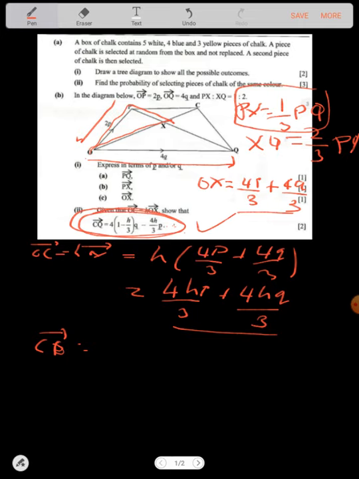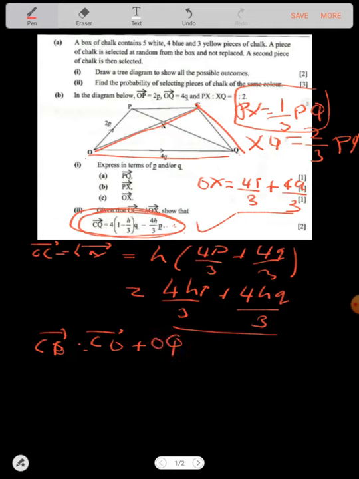So CQ, how can we find CQ in this case? Remember where CQ is? CQ is here. How can we move from C and reach Q? We can move CO, then OQ. So CO plus OQ, like that. Now remember, we have OC, not CO. So CO will be the opposite of OC.